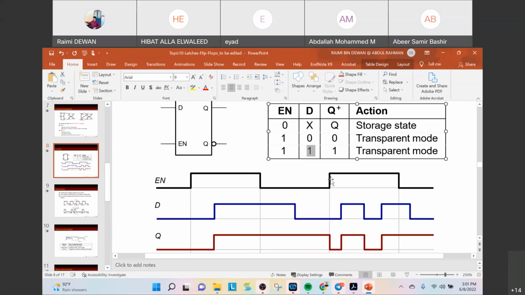If this is high, and your D is 0, here, then the next one will be following the previous one, which is 0, transparent mode. This is not delay, this one is Q plus, meaning what happens after.